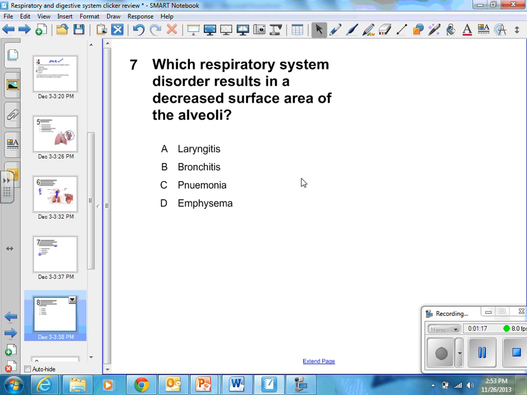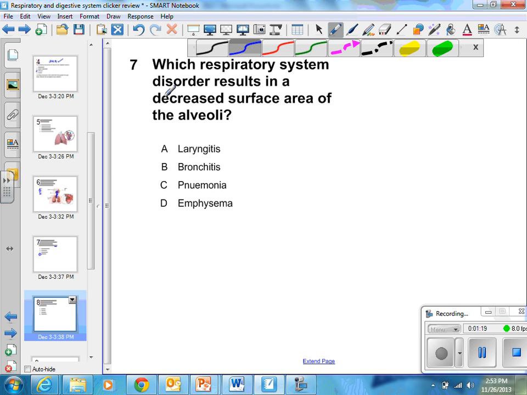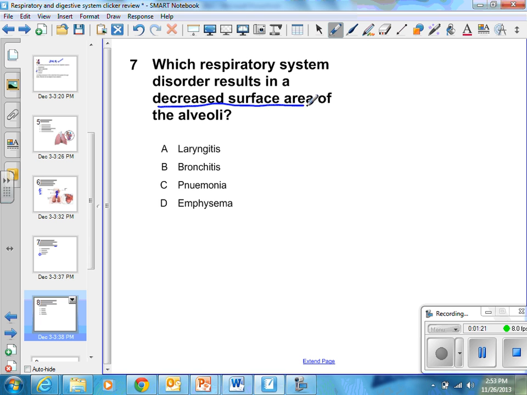Which respiratory system disorder results in decreased surface area of alveoli? This happens with emphysema, and essentially your alveoli go from being a bunch of little tiny air sacs with lots of surface area to rupturing.